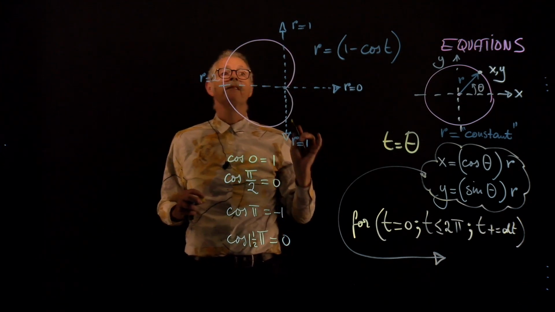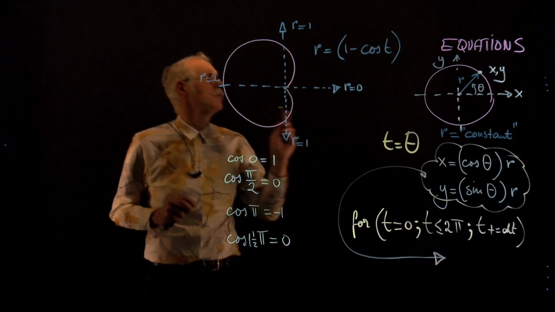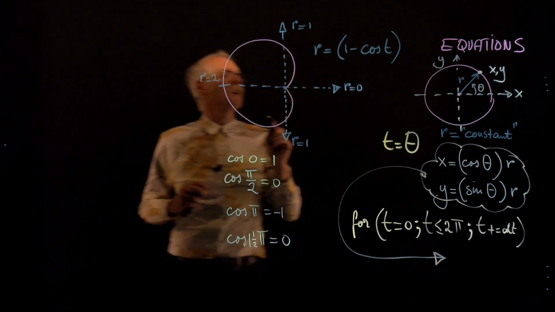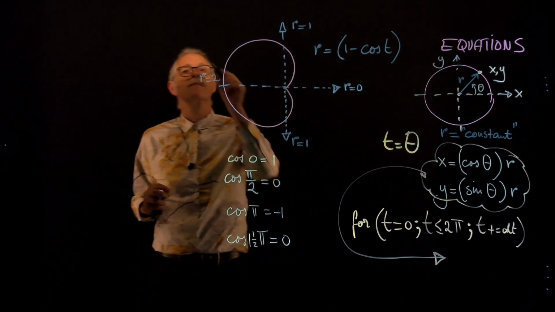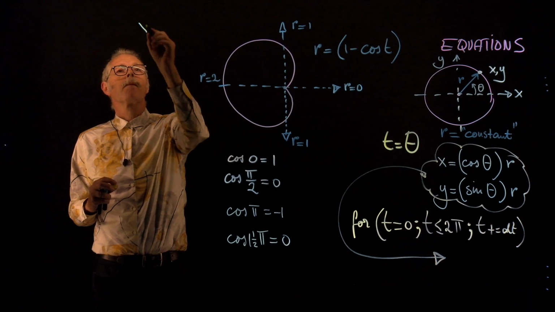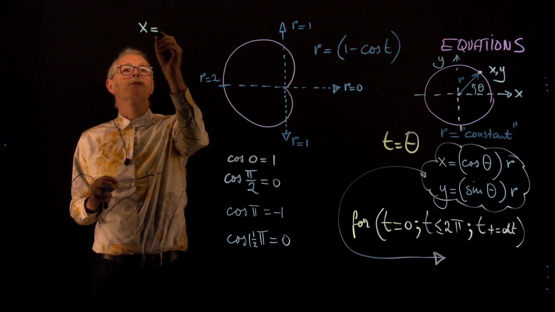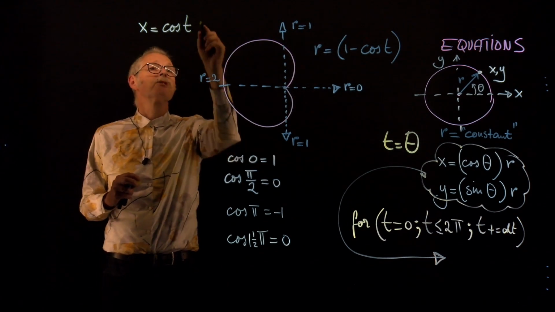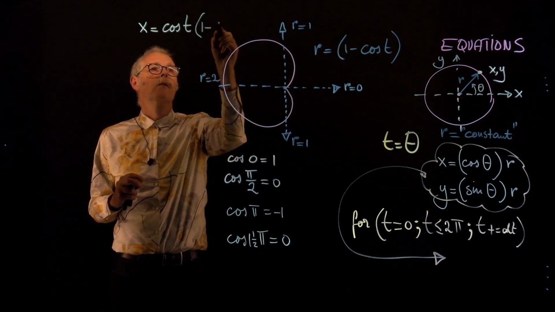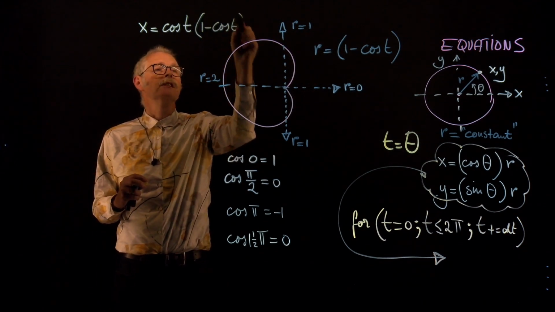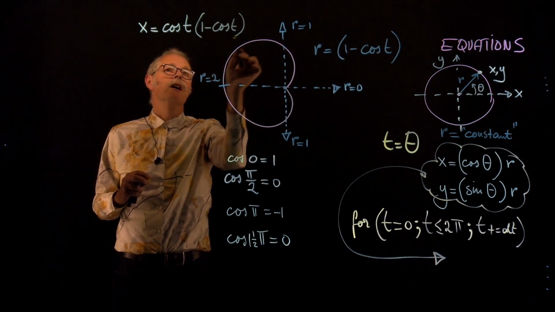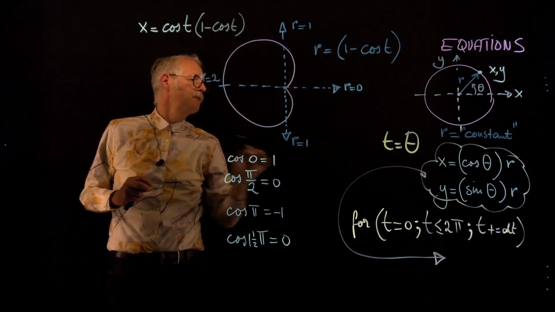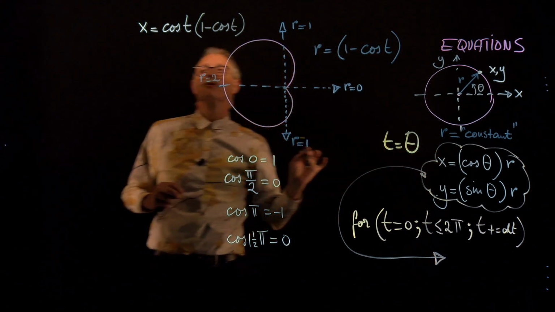So let me write down the equation for the cardioid now, because that was what I was after. Equation: x equals cosine t times 1 minus cosine t. See, this is the r, and part of that is the same formula we had for the circle.